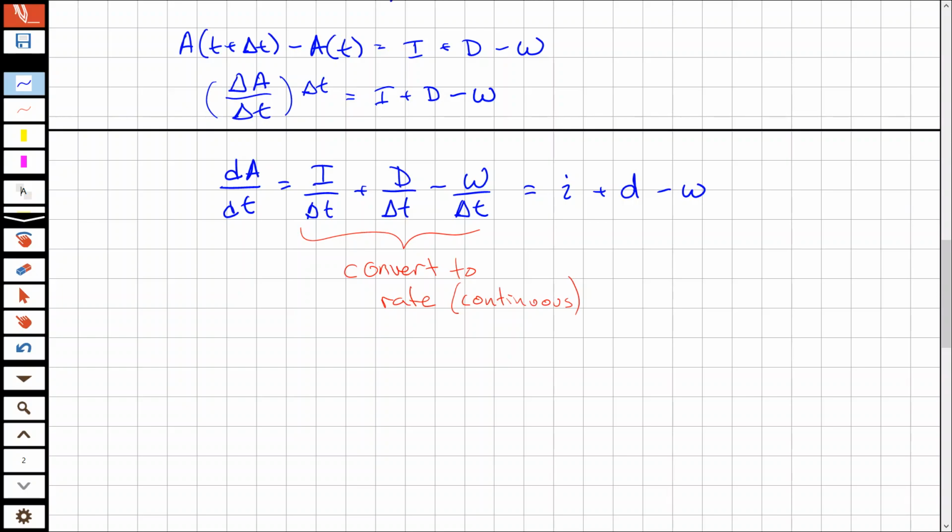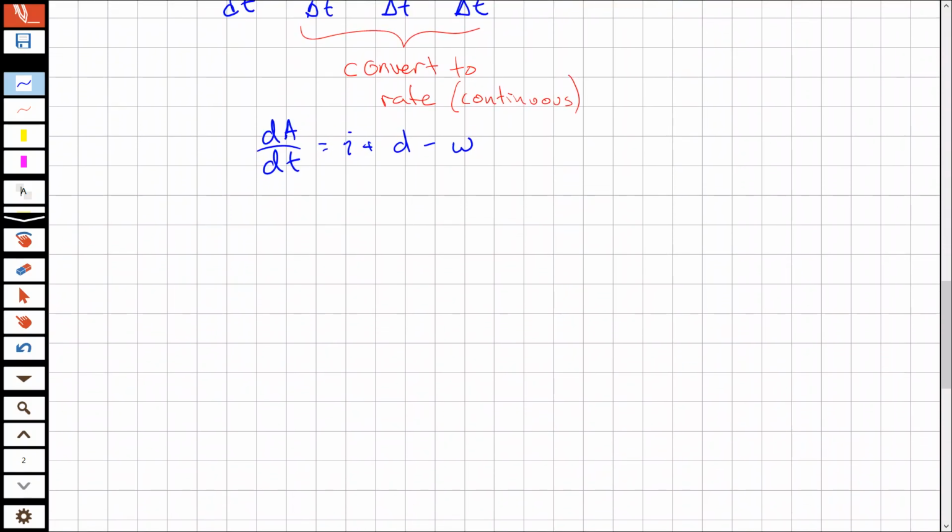And so what these rates are saying is, this model is now dA dt, the change in my account over time, is equal to whatever the interest rate is, plus that deposit rate minus my withdrawal rate. And so this is the continuous form of that accounting equation.